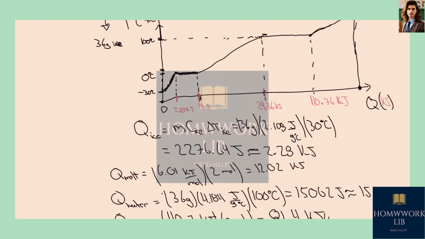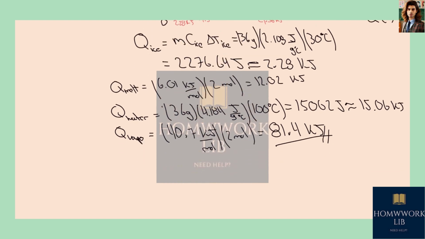Now we're going to put the water from the steam. In the case of the steam, we want to change it from 100 to 140 degrees Celsius. So the change of temperature is going to be 40. The mass is the same, 36 grams. The heat capacity of the steam is 1.87 joules per gram degree Celsius times 40 degrees Celsius.